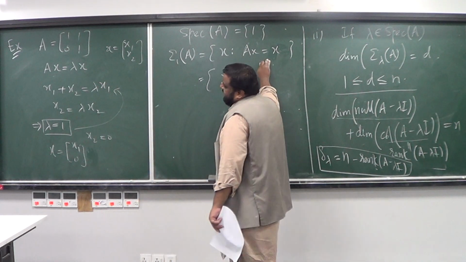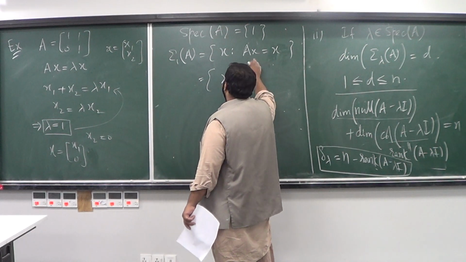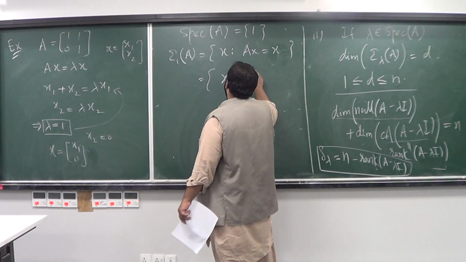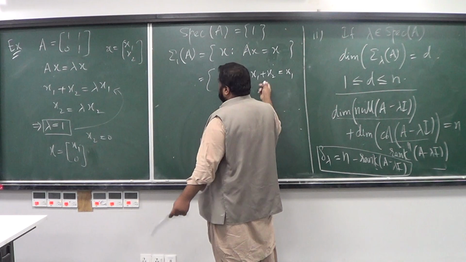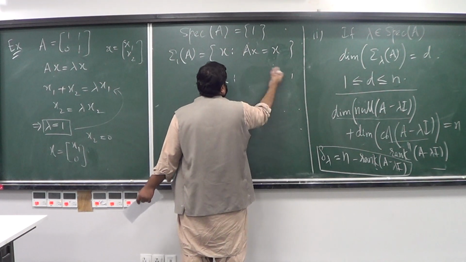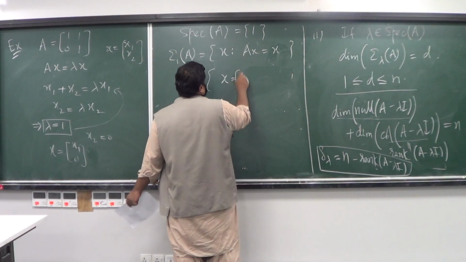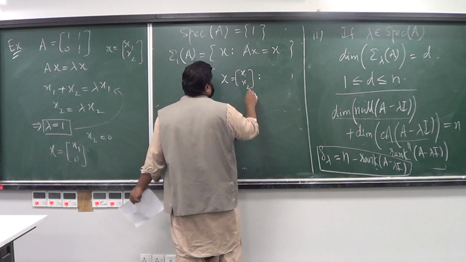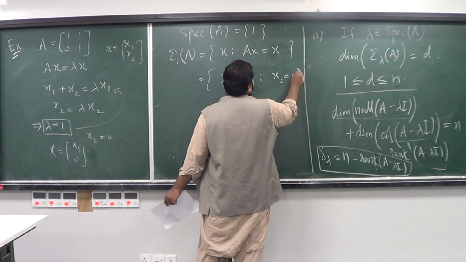You can simplify that: these are the vectors for which x1 plus x2 is x1 and x2 is x2. Therefore x2 is 0. So if x has a description x1, x2, then x2 is equal to 0.